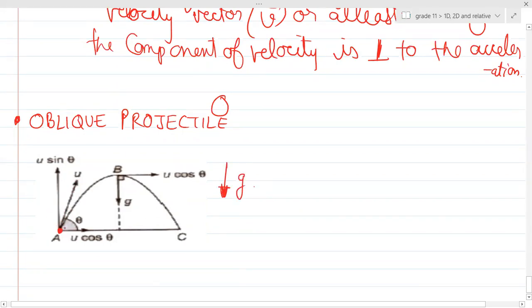So can you see this is the path of the motion? The object will follow this path. Whenever a cannon is fired on the ground, or you throw a ball to your friend, it goes like this motion, right? Yes or no, guys?